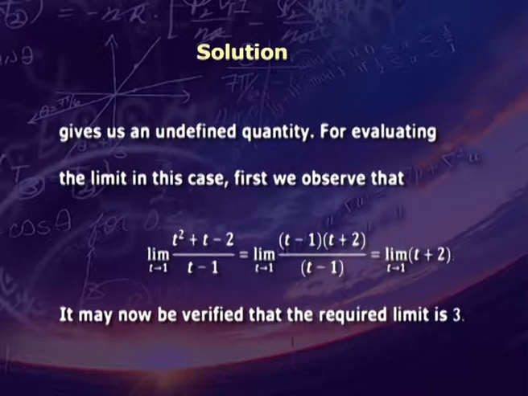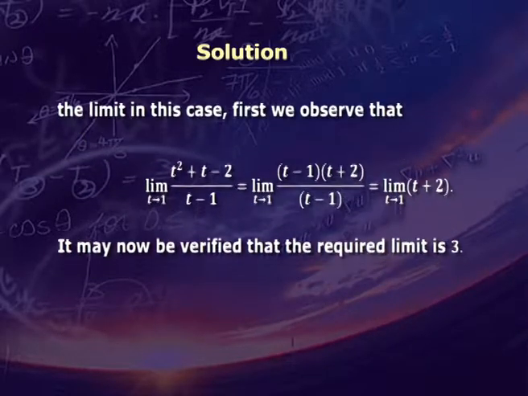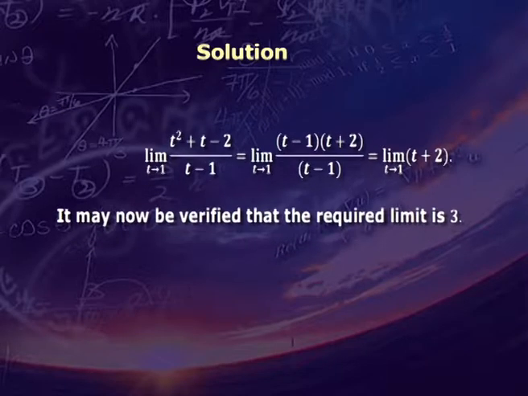For evaluating the limit in this case, first we observe that limit of t square plus t minus 2 over t minus 1 as t goes to 1 is equal to limit of t minus 1 into t plus 2 over t minus 1, which is equal to limit of t plus 2 as t tends to 1.